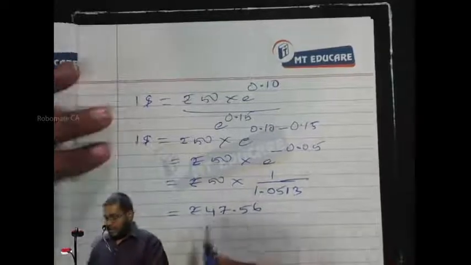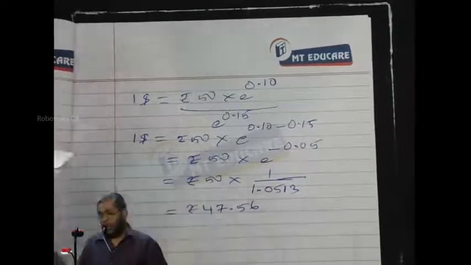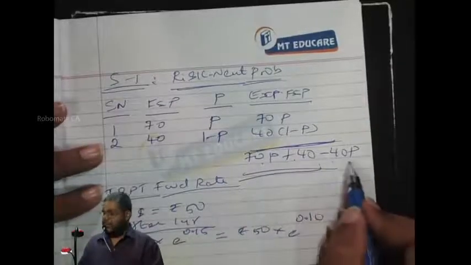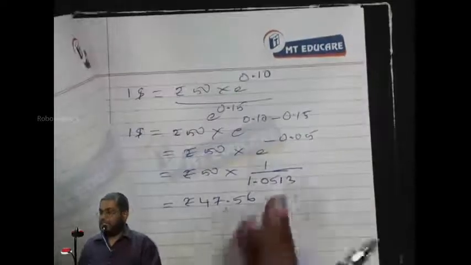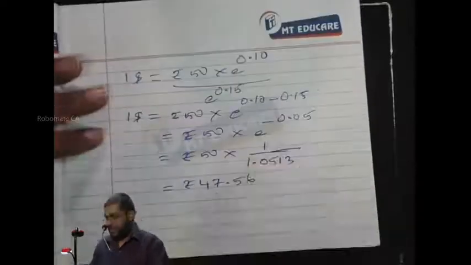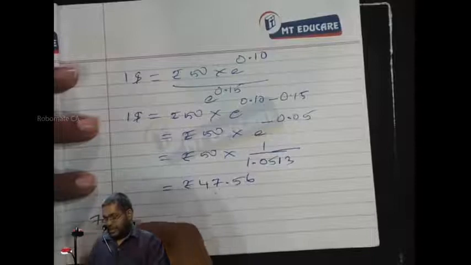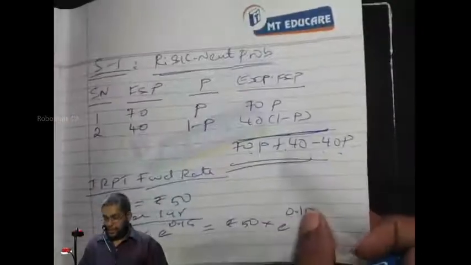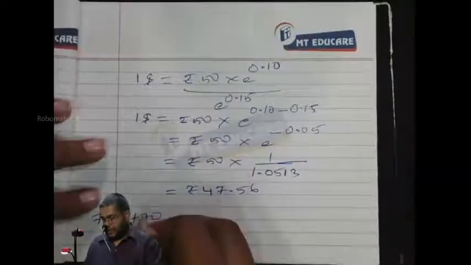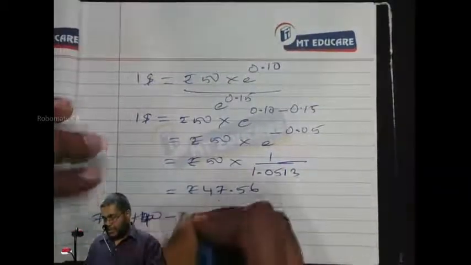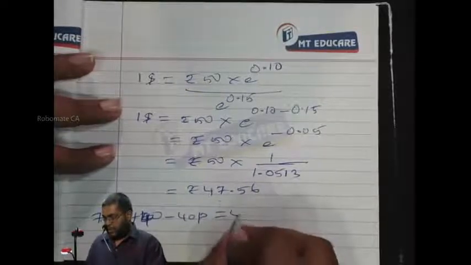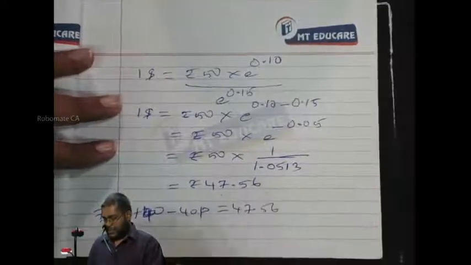So now, this is the expected FSP or not? Now, what I should do is equate 70p plus 40 minus 40p to this 47.56. For clarity, now continue writing. 70p plus 40 minus 40p is equal to 47.56.